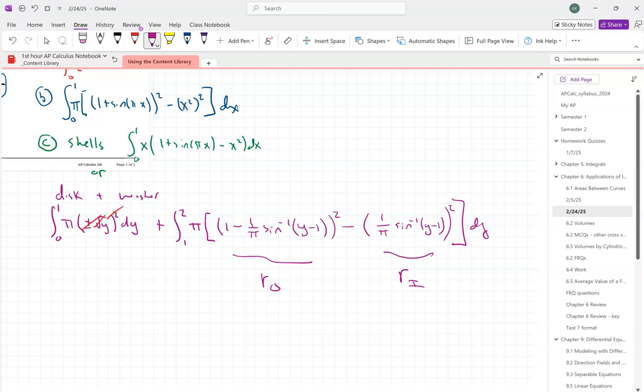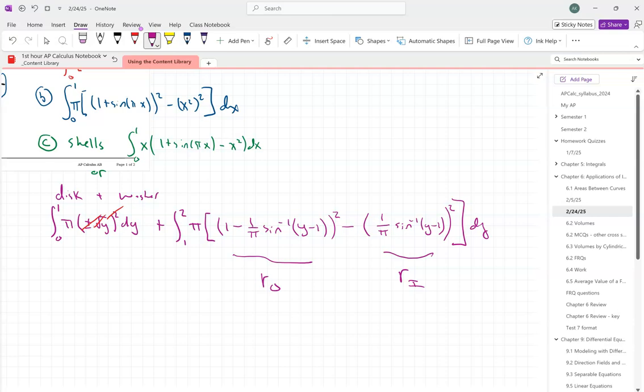And that's much tougher to get to than using a shell. Not that it was impossible to do without a shell, but I think the shell made that a much easier problem. The setup was really clean and neat. You didn't have to solve anything in terms of y or x to get the integral in terms of y, that's awesome.